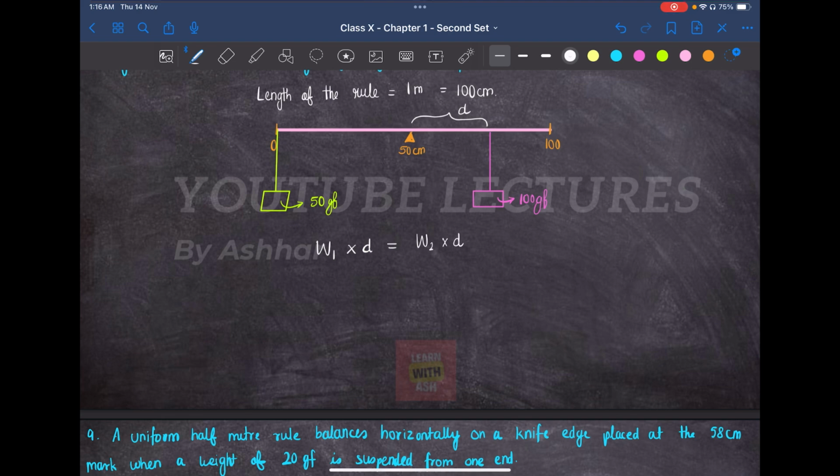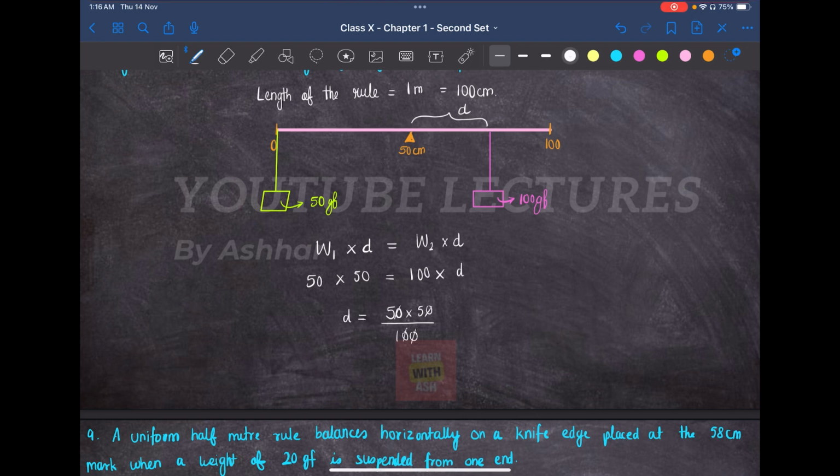The first weight is 50-gram force multiplied by its distance from the pivoted point, which is 50 centimeter. For weight 2 it is 100, but I don't know at what distance it is being kept, so I have taken it as d. What will be the value of d? It will be 50 multiplied by 50 divided by 100.